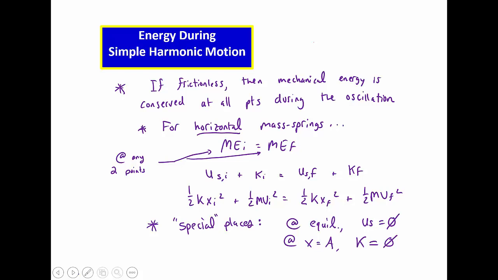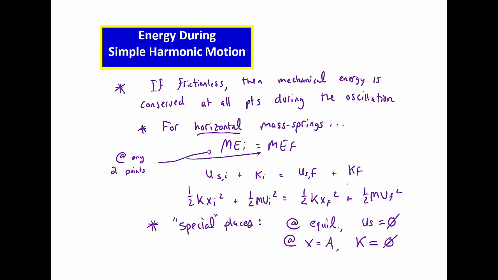Now we said a second ago that the two types of energy present on this oscillating spring are the elastic potential energy and the kinetic energy, depending upon where it's at. So the initial mechanical energy would be the sum of my potential and kinetic, whatever I have at that position. And then at the final position, it's also going to be kinetic and/or elastic potential. If I add those together, we should have energy being conserved, the same amount of energy on each side.